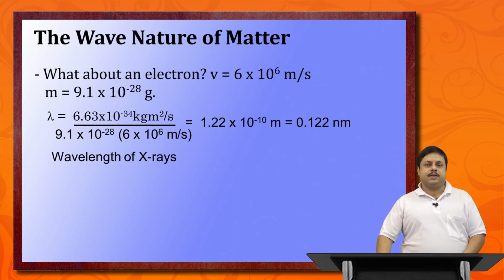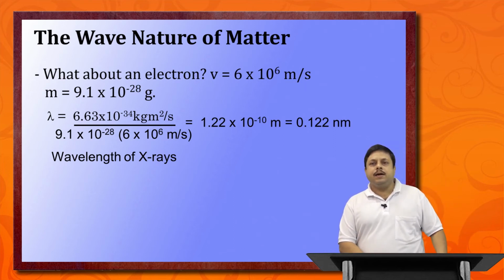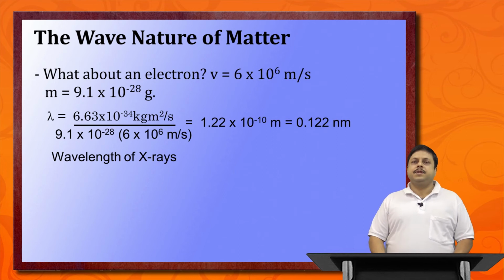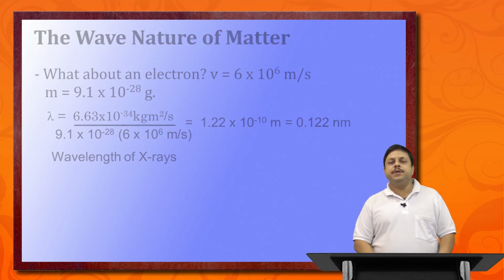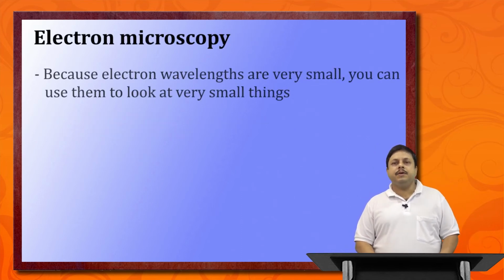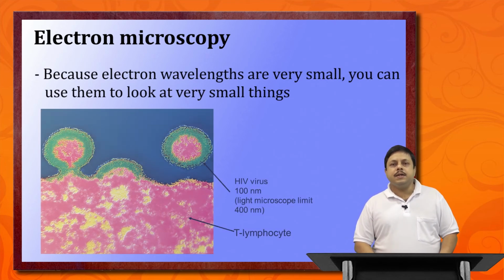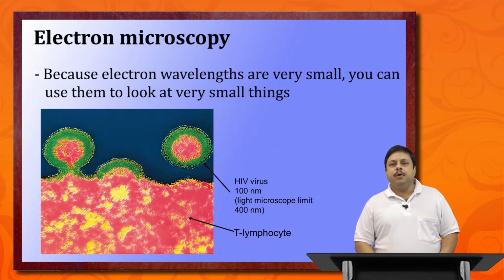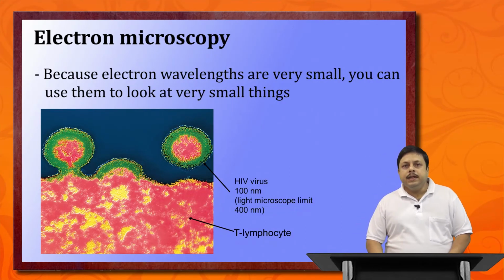Thus, this entire idea of matter waves generated an experimental technique which we today call electron microscopy, and this electron microscopy helped us look into small things. See, this is an electron micrograph of a very important thing.